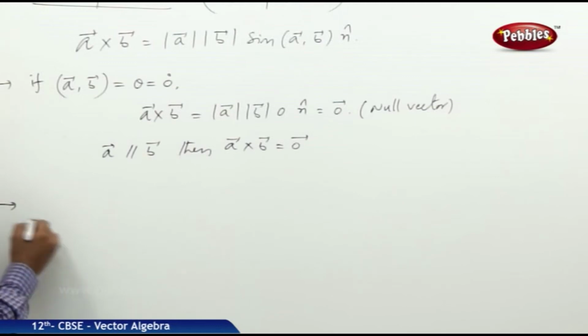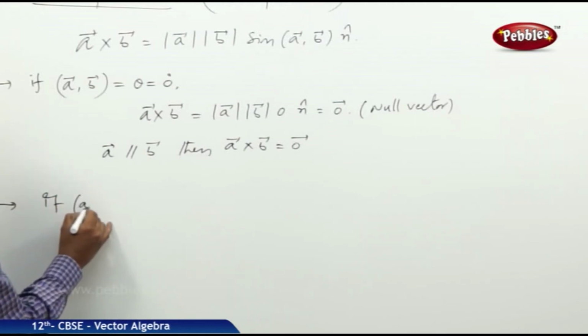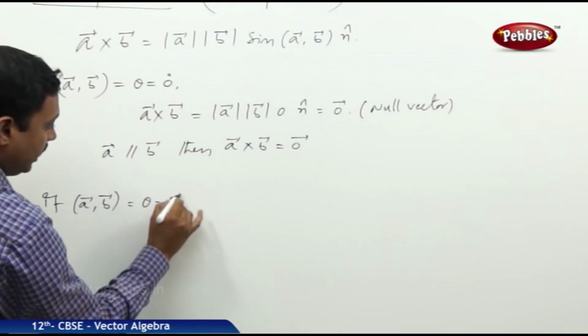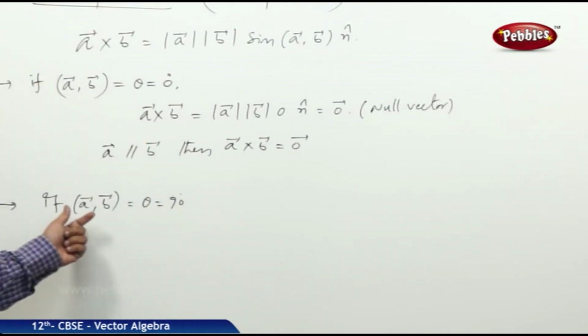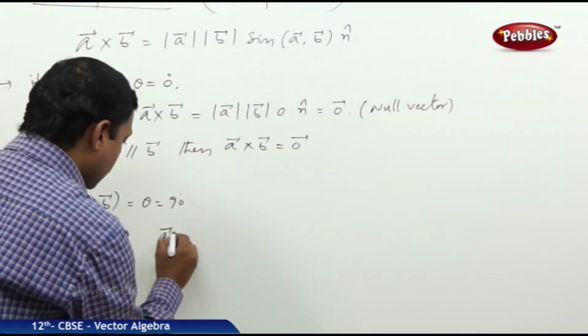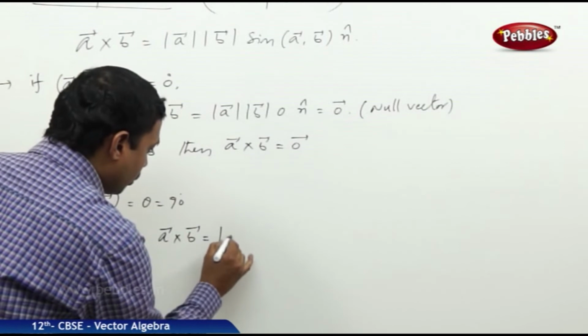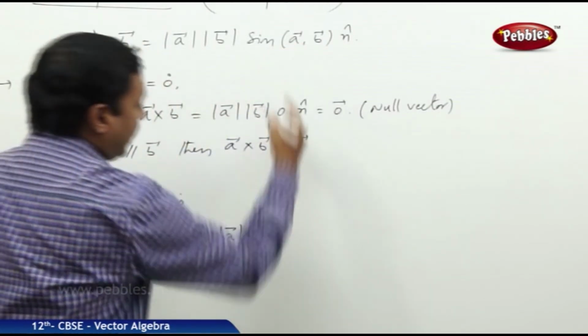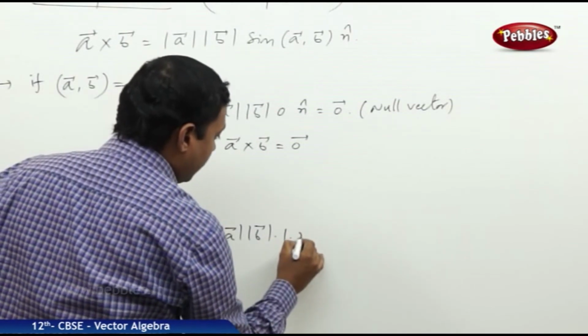Next, suppose the angle between the two vectors A comma B, theta, is equal to 90 degrees. That means the two vectors are perpendicular, so what? A cross B is equal to mod A mod B into sin 90. We know that sin 90 has value 1, into n cap.